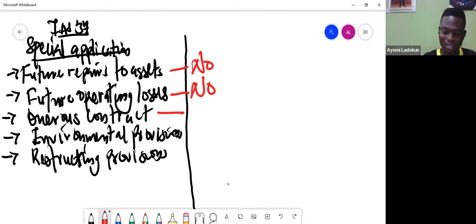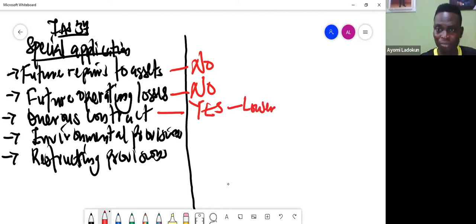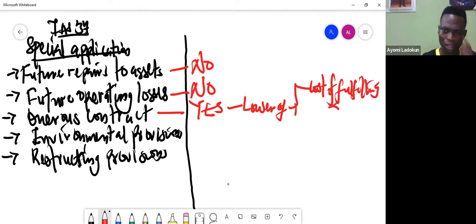But the question now is this, can I make provision? According to IAS 37, the answer is yes. So you are now going to measure it at the lower of the cost of fulfilling the contract and the cost of terminating the contract with any penalty payments.